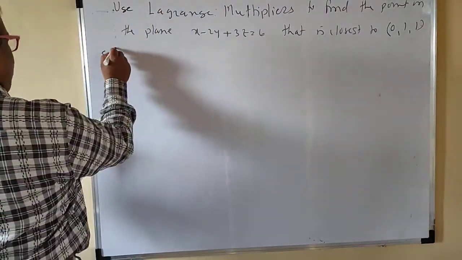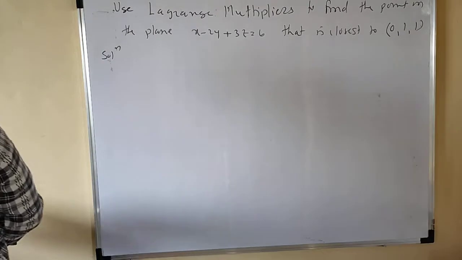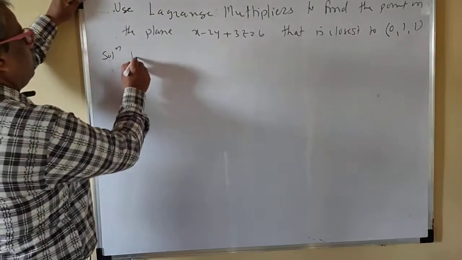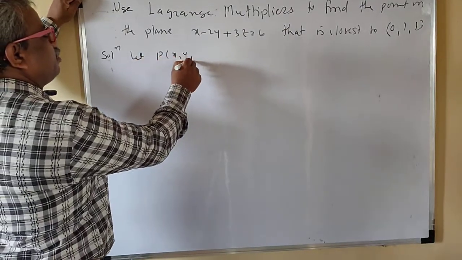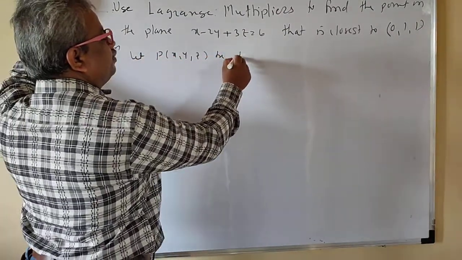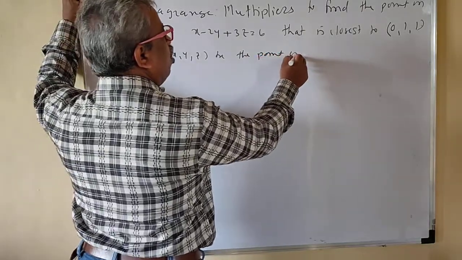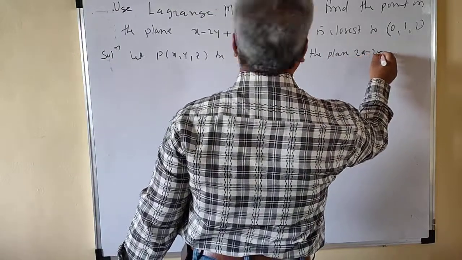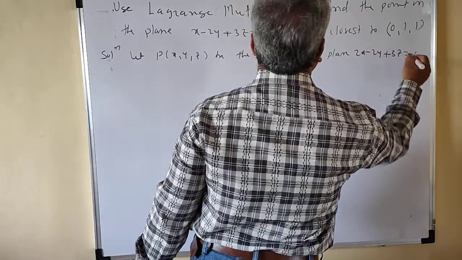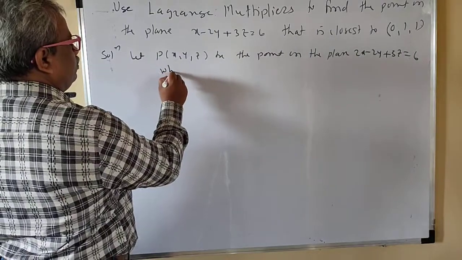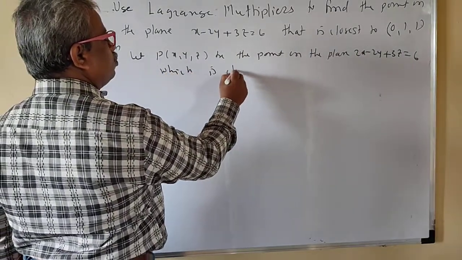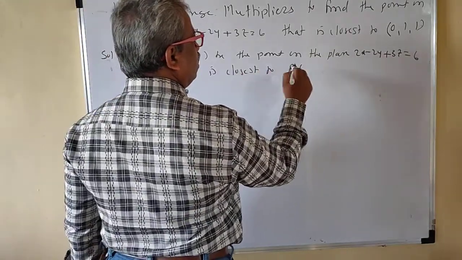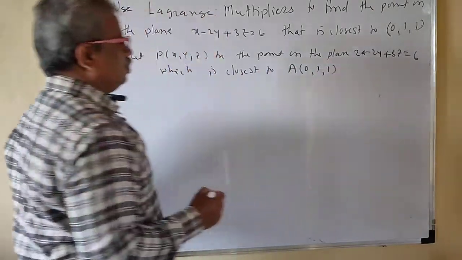Okay, so what we'll do, we'll take a point on the plane. Let P(x, y, z) be the point on the plane x minus twice y plus 3z is equal to 6, which is closest to, I will give the name, 0, 1, 1.